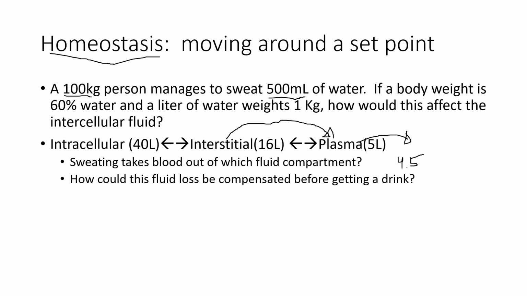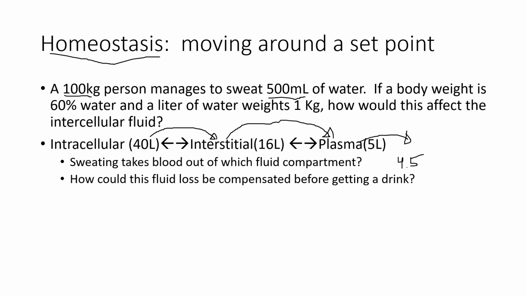To get it roughly there, you would have to get 5 liters total, but half of it is here, let's say, and so you only need about a quarter of a liter. That quarter of a liter will also be pulled out of this 40. And so these help maintain the plasma levels at roughly 5 liters.